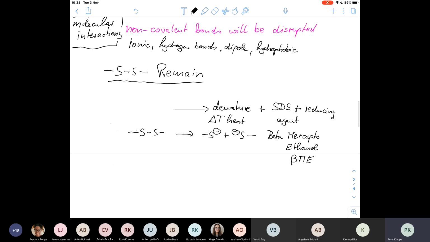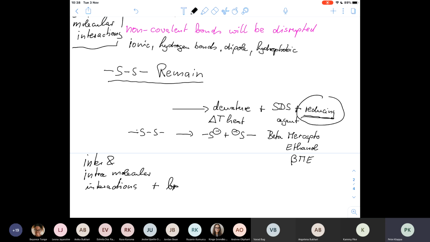And if we do that in the presence of a reducing agent, we again break all the inter- and intramolecular interactions. But in the presence of the reducing agent, we also break disulfide bonds. Does that make sense?